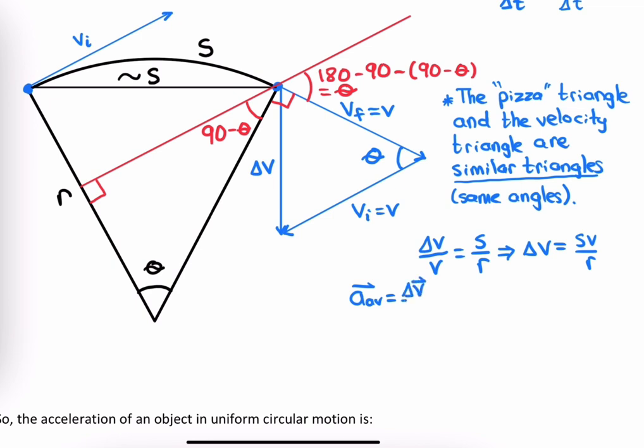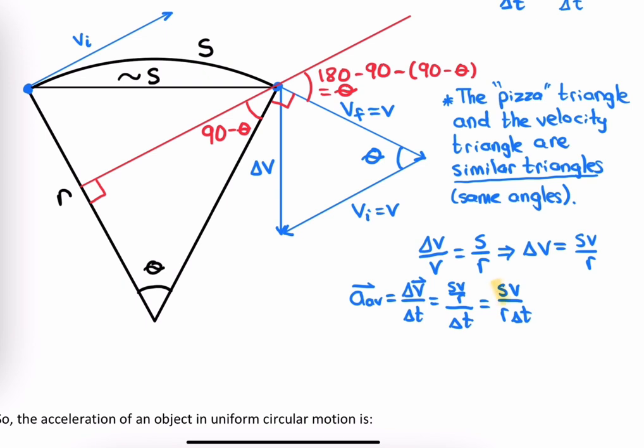So acceleration is change in velocity over change in time. Delta V is SV over R, over change in time, or SV over R delta t. Now, let's look at this.